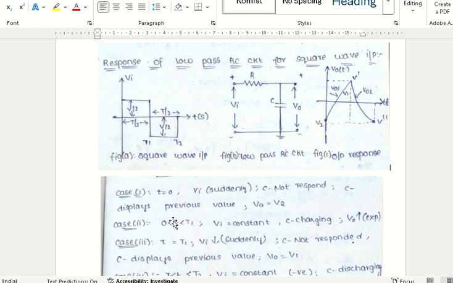Now coming to the second case, that is between 0 to t1, from this point to this one, the input signal has a constant positive value.